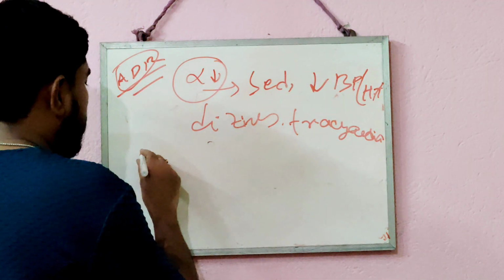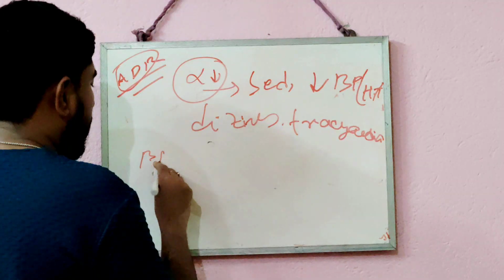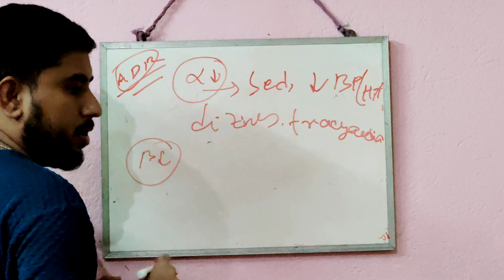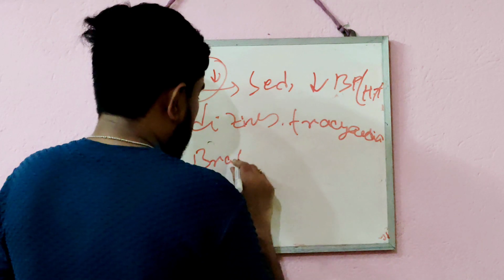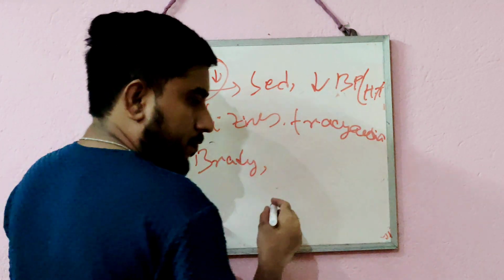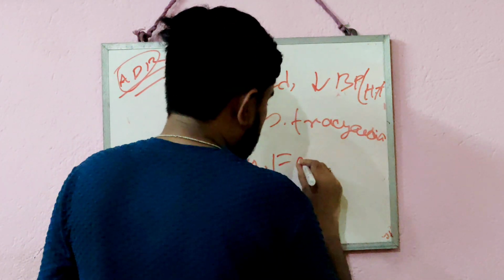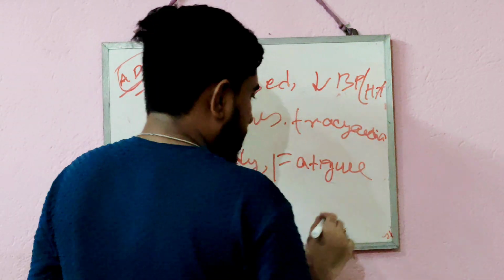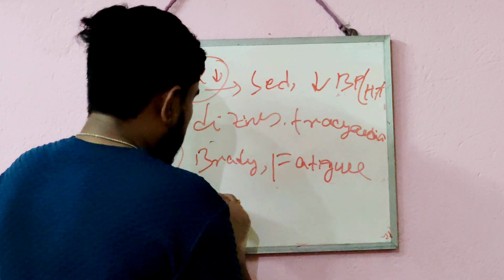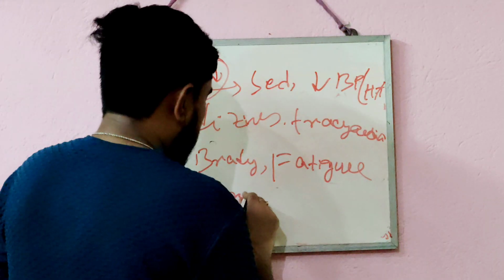Now we are going to discuss adverse drug reactions related to beta blocker sympatholytics, like bradycardia, fatigue, and also bronchospasm.